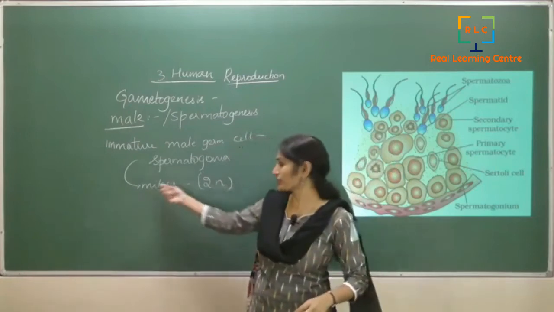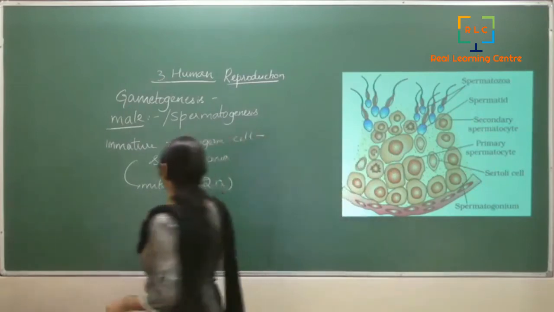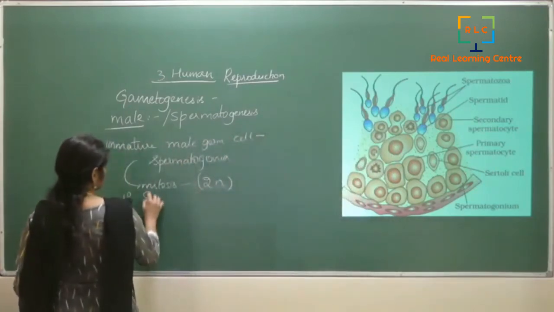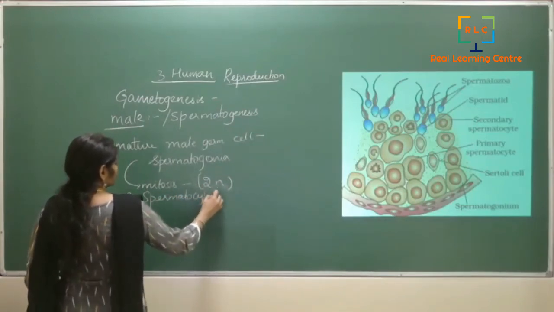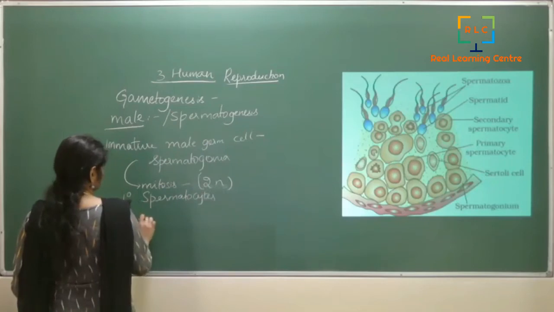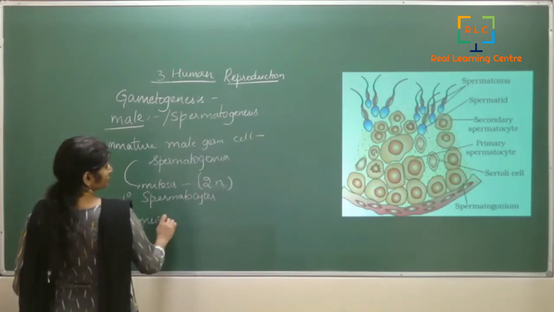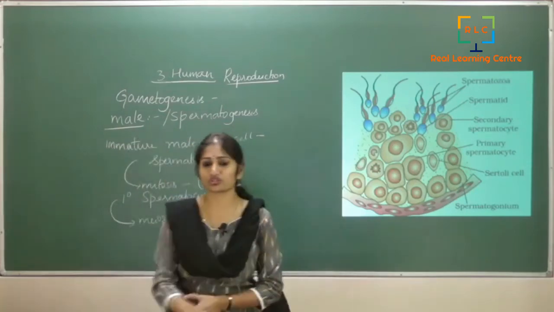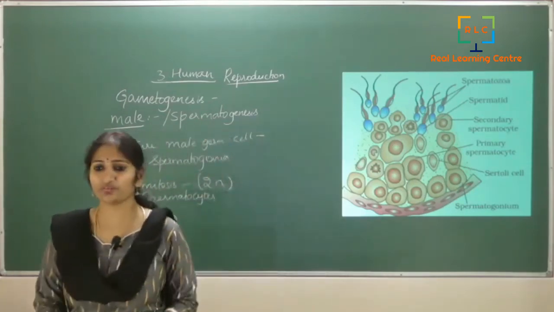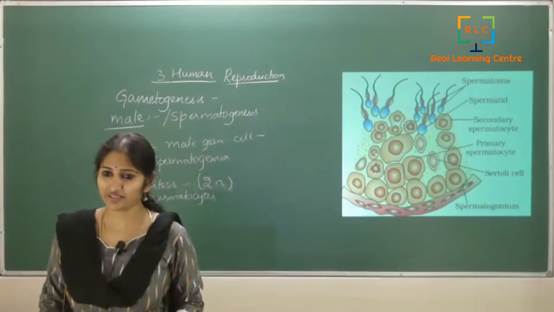So this was undergoing mitosis. Now these primary spermatocytes would undergo the process of meiosis. Now you know what is the product of meiosis. Whenever there is meiosis we should get 4 cells, right?